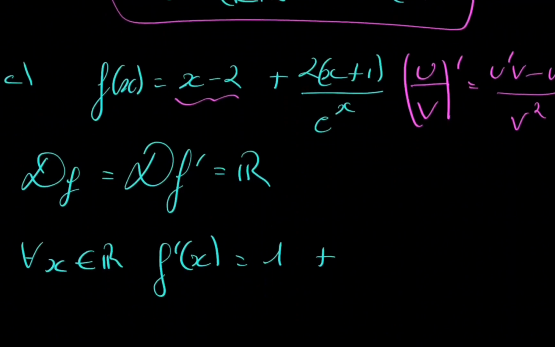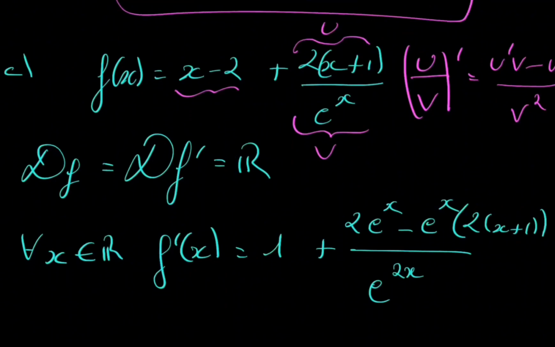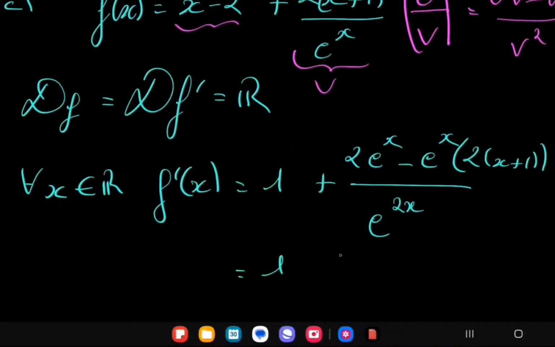So let's do this with this thing being u and this thing being v. Okay, so everything on top of v squared, so exponential of 2x, and we've got u prime, so 2 times exponential of x, so v, minus exponential of x prime, so exponential of x, times (2x plus 1). Okay, so let's simplify this expression.